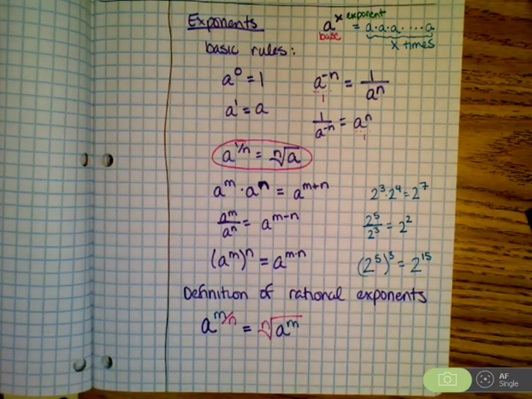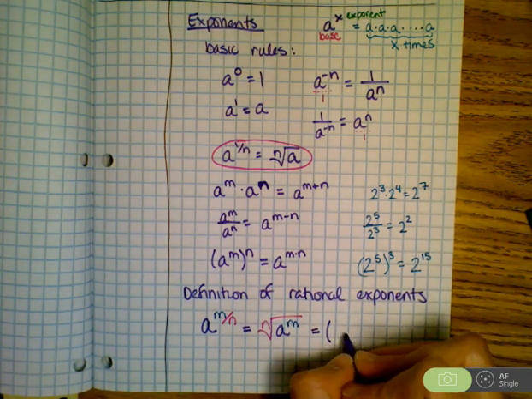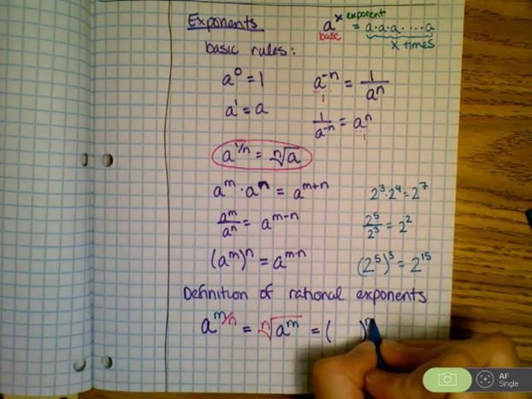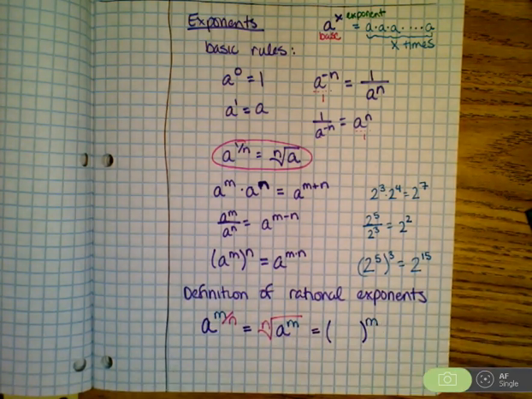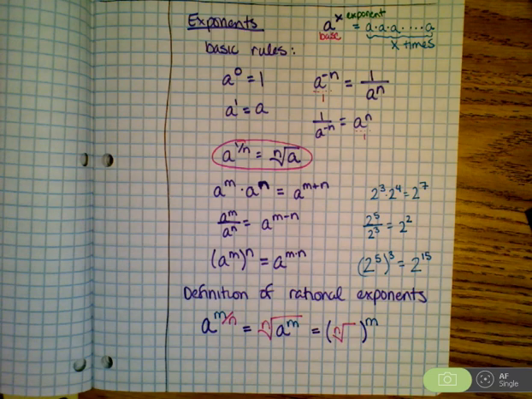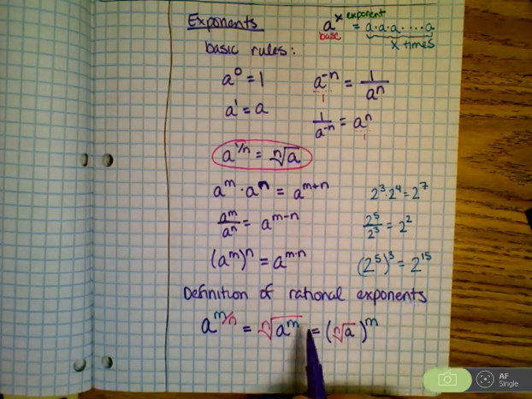But the order that you do those in actually doesn't matter, so you also could put the root on the inside and the m on the outside. So the m could go there, and the nth root of a could go inside there. Both of those mean exactly the same thing.